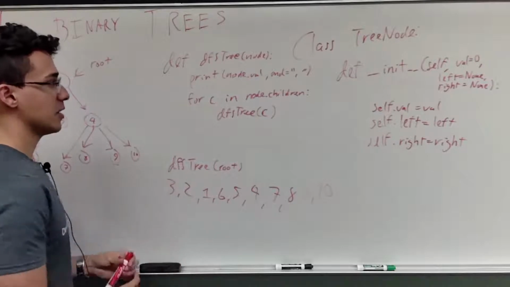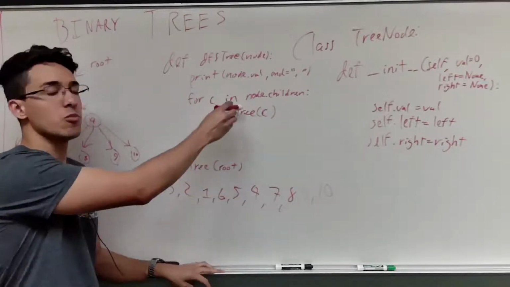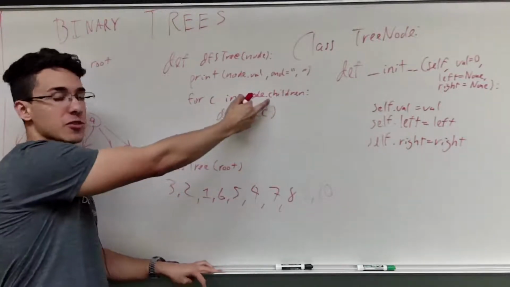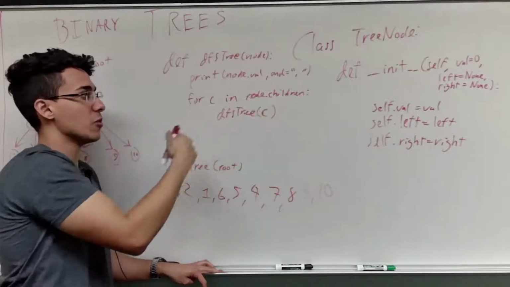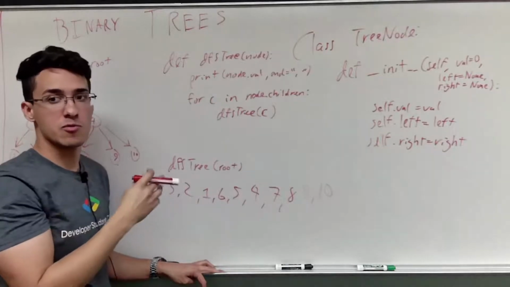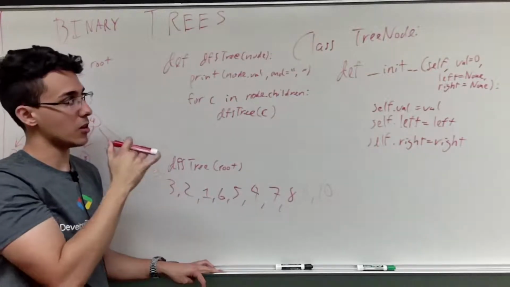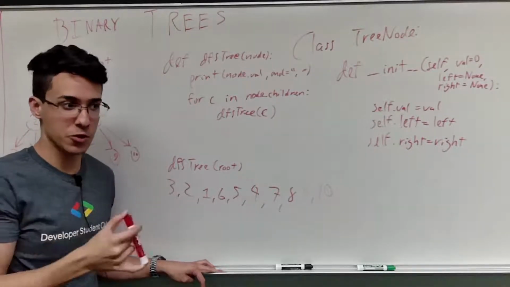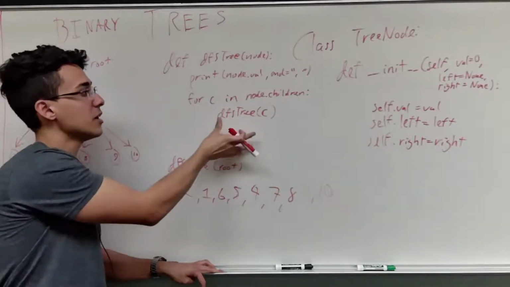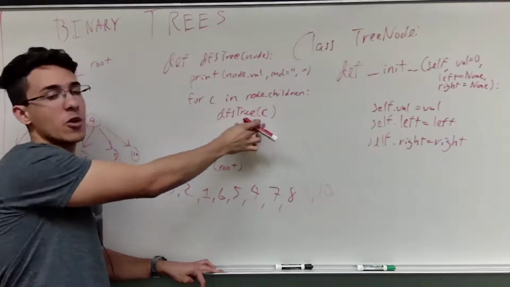So basically, this for loop will only run if this is filled, right? By default, an n-ary tree node may have an empty list of children. So if it's empty, it won't run.